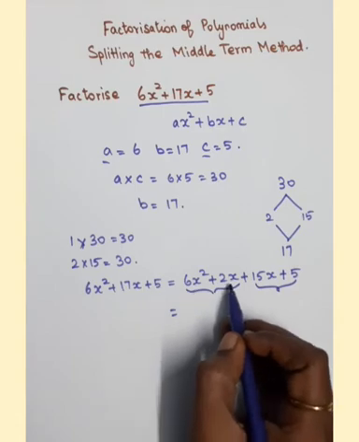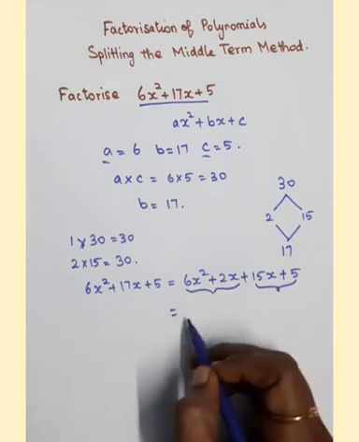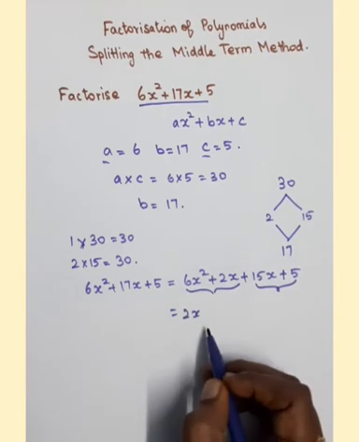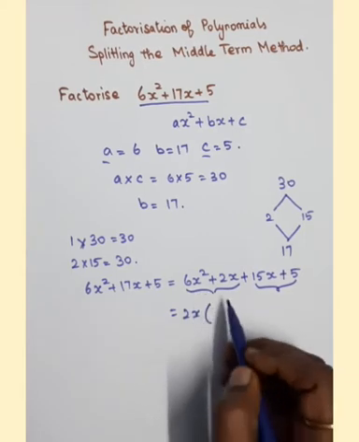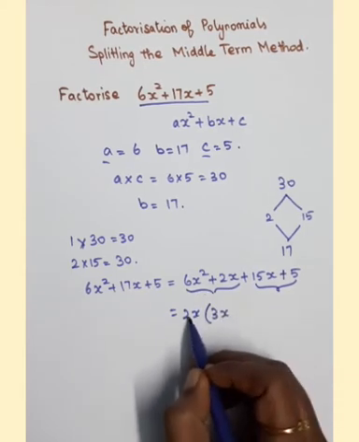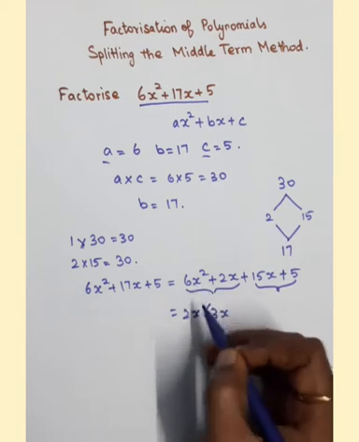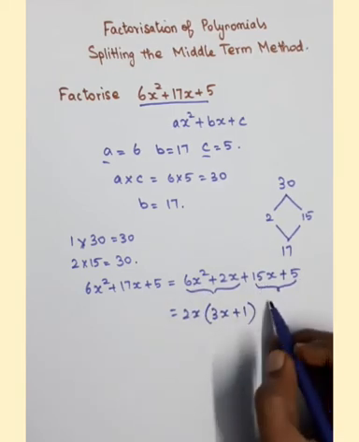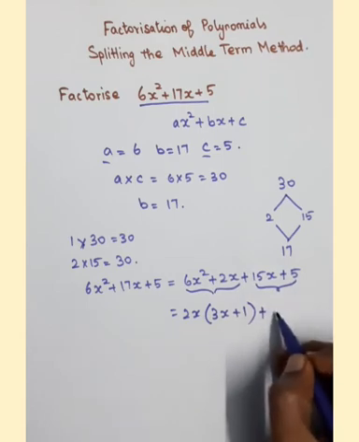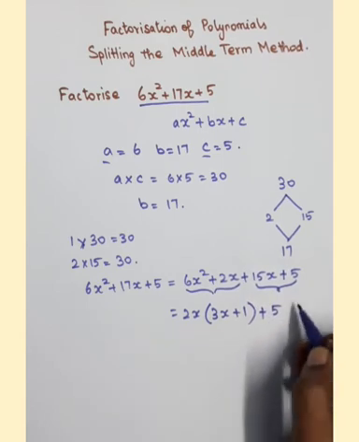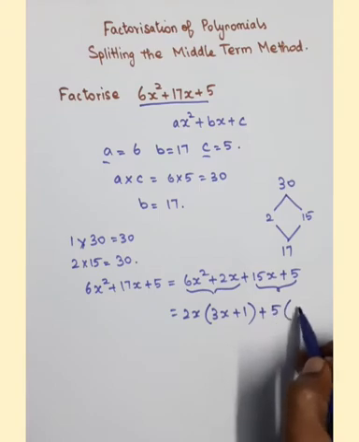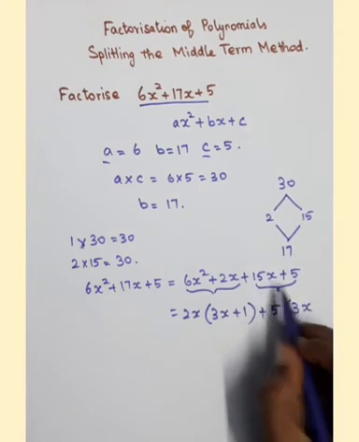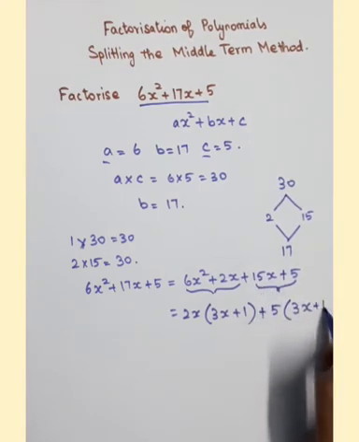Here you have 2x as common. I am taking 2x as common, so 2x into 3x will give you 6x squared, plus 1. And in these two terms you get 5 as common. So I am taking 5 outside, so that 5 into 3x will give you 15x, plus 1.